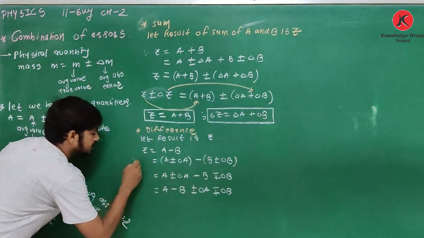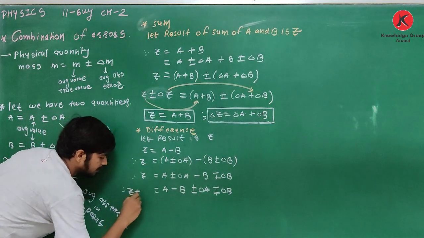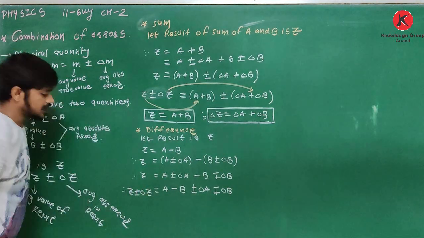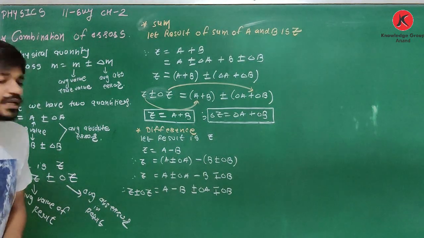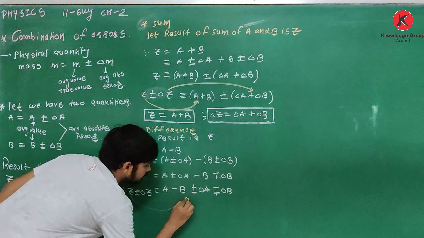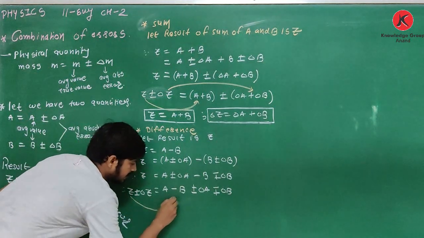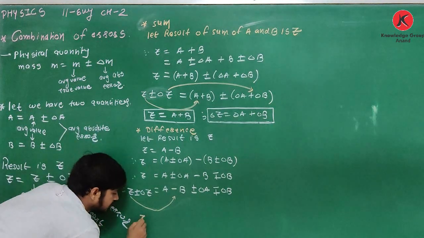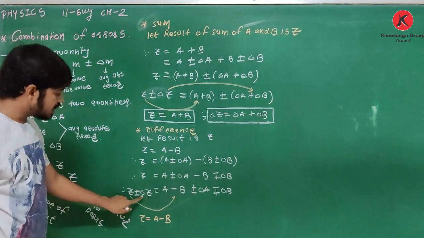Okay. Yes. Here it is Z, and here I can write Z plus or minus delta Z. Then see, again, if I compare, obviously Z is equal to A minus B. But what about delta Z?